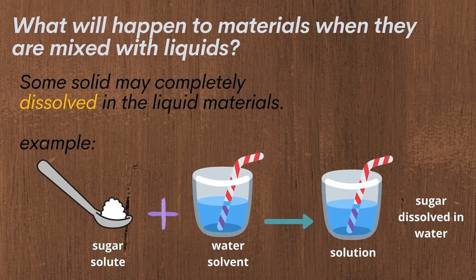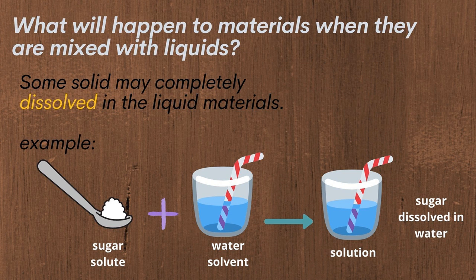Move on with your experiment. So, what will happen to materials when they are mixed with liquids? Some solid may completely dissolve in the liquid material. So, may mga solid na malulusaw talaga sa liquid. For example, ang gamit natin ngayon ay water. That is our solvent. And then, gagamit kayo ng sugar. When you put the sugar into the water and mix it together, mapapansin nyo na madidissolve or malulusaw yung sugar.